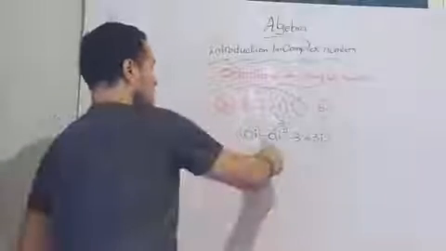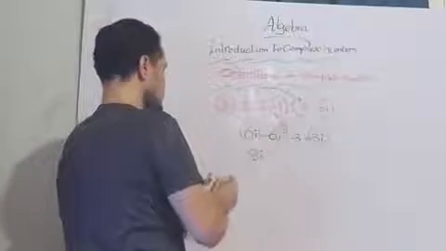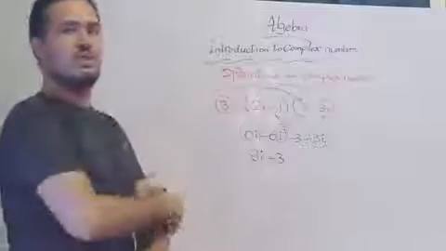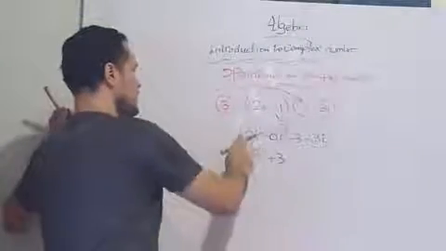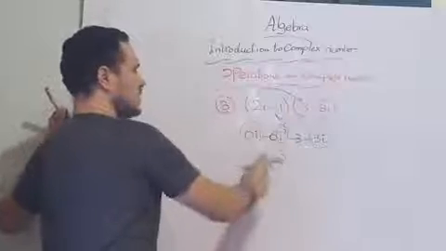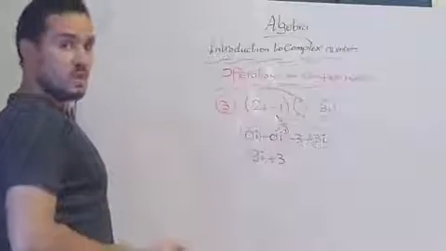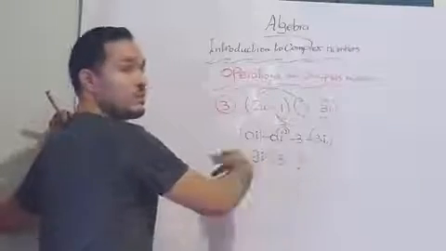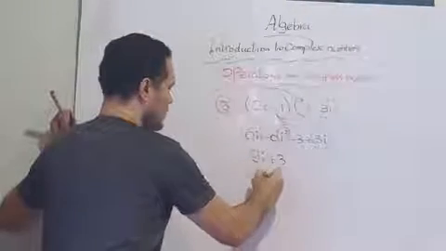Okay. 6 minus 3 equals 3. So the final result will be 9i plus 3. The complex number may be written as imaginary plus real or real plus imaginary. They are the same.